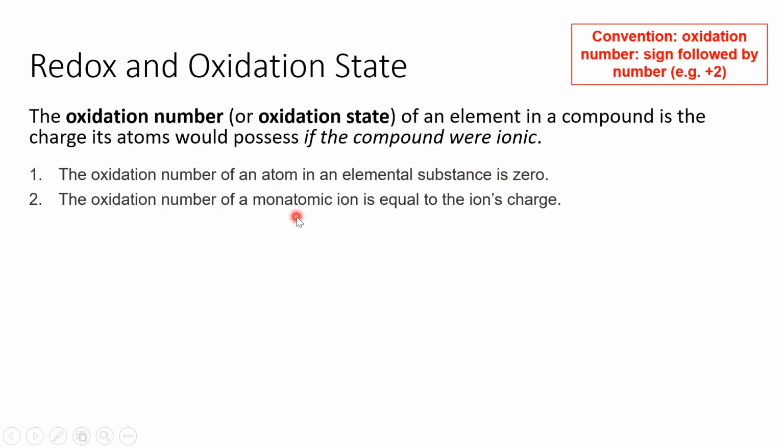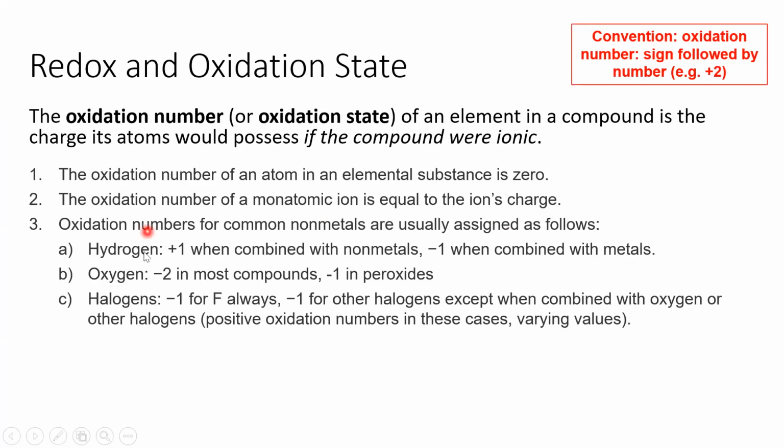If we're looking at a monatomic ion, an ion made of one atom, like a sodium ion or a chloride ion, the oxidation number equals the charge on the ion. So a sodium ion would be +1, a chloride would be -1.